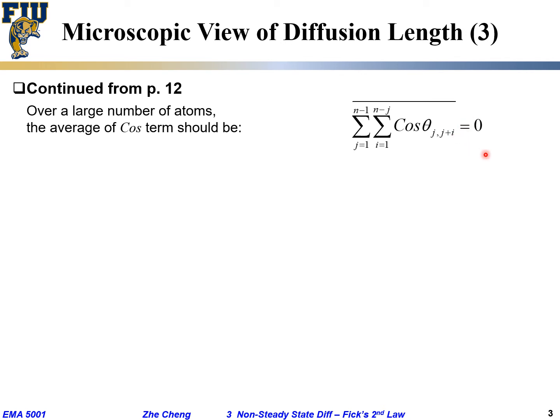This is not a rigorous mathematical proof. You see my point? But you can kind of understand it because, in the end, does this piece of material go away by itself when you consider the jumping of atoms within it? This whole thing doesn't move away, right? So you can understand that when I do this average over a large number of atoms, this cosine term, the cosine between the two jumps that I chose, added up and averaged over all the atoms, comes down to 0.